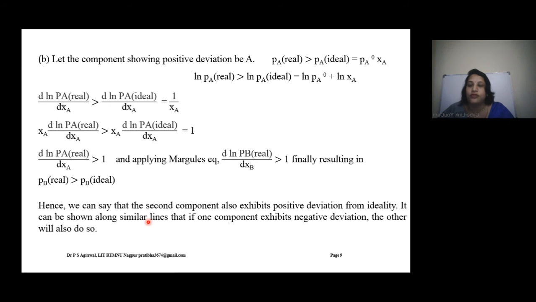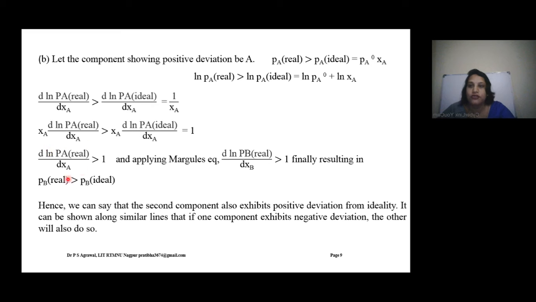Now, we can see that if a component is showing positive deviation, then the other component will also show positive deviation. For example, again for component A, PA real is greater than PA ideal. So ln will be greater, then this will also be greater.